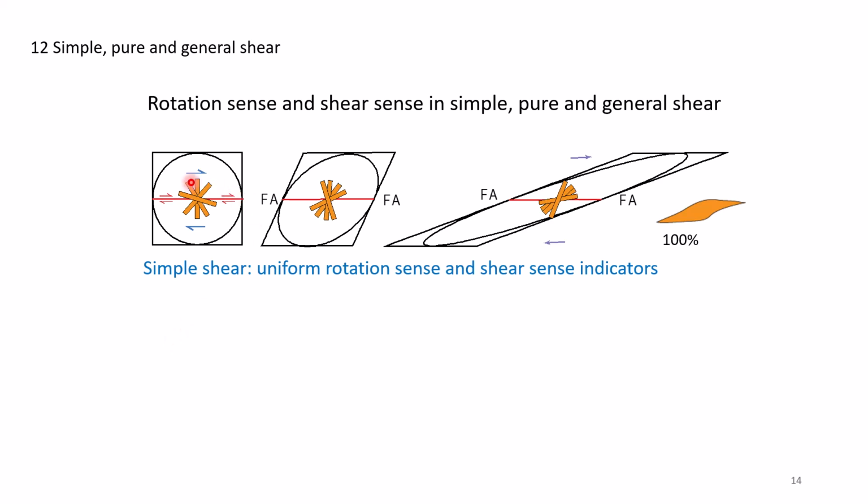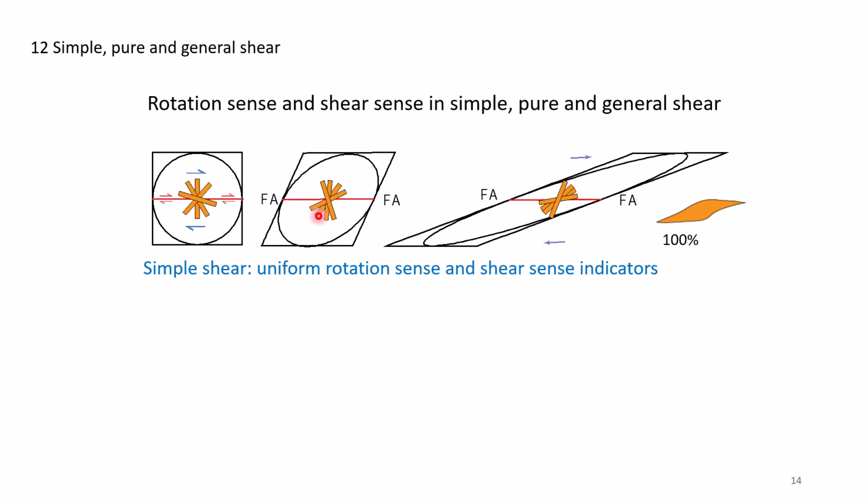As soon as simple shear starts to affect the rock, we will see that all of these strain markers rotate in a clockwise sense and start to accumulate in an orientation that is pretty much parallel to the long axis of the strain ellipse.